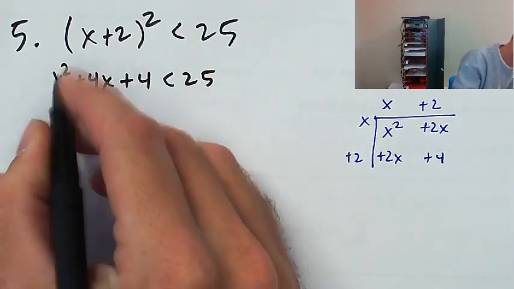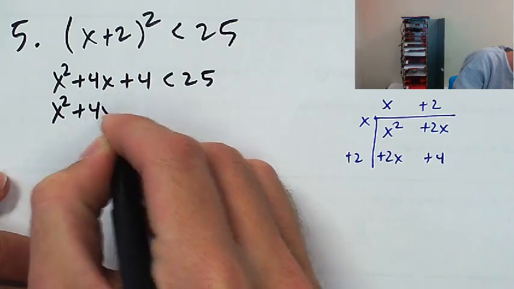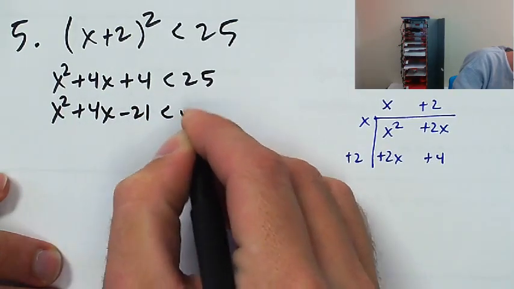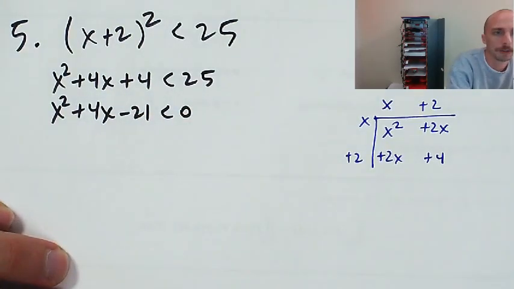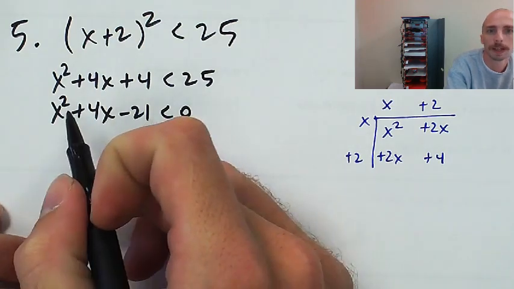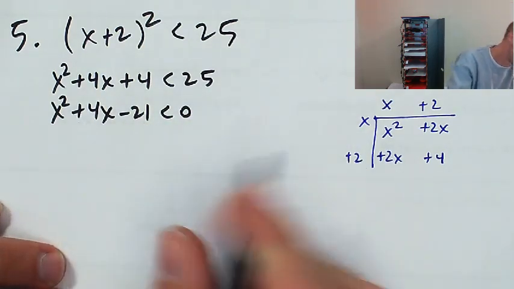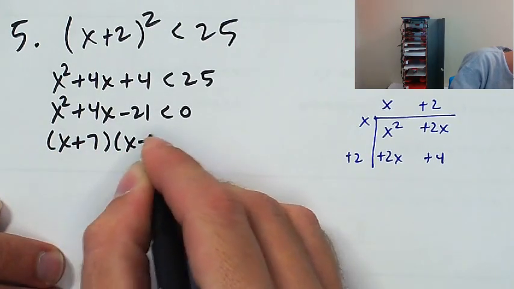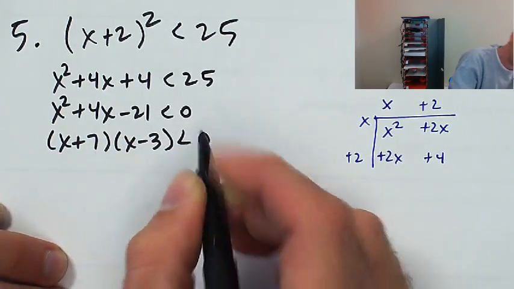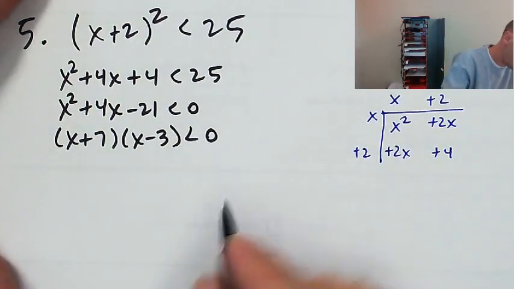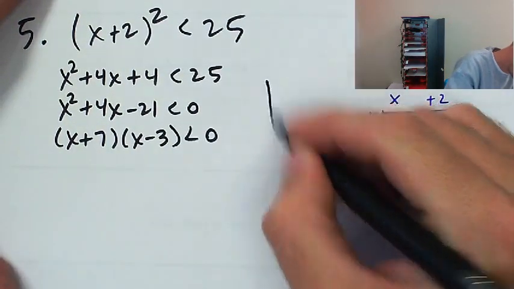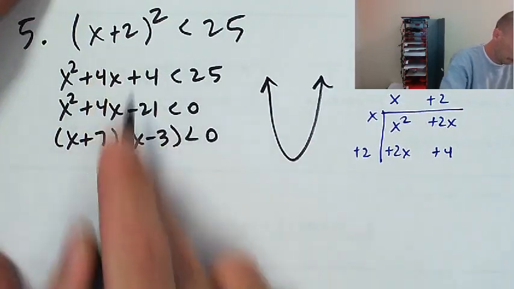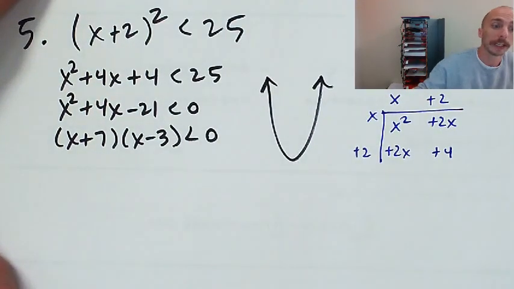I'm going to subtract 25 from both sides. Two numbers that multiply to negative 21 and add to positive 4 are positive 7 and negative 3. So I've got x plus 7 multiplied by x minus 3 is negative. That's something I know how to sketch. So if you just had faith and went through the algebra, it ended up being factorable again.